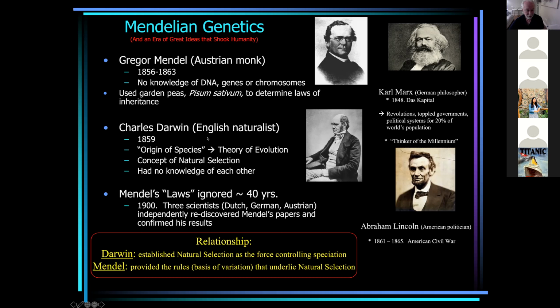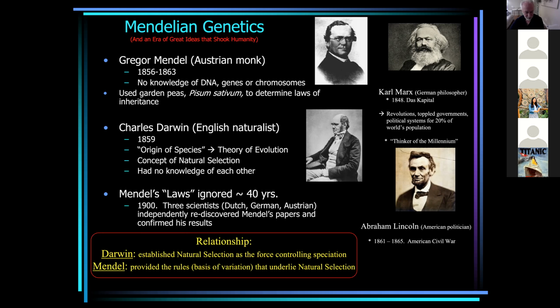Now, Charles Darwin, as I said, didn't know Mendel, but he was the driving force behind the theory of evolution at the same time, and the concept of natural selection. So the results of these two men have established the basis for biology ever since.